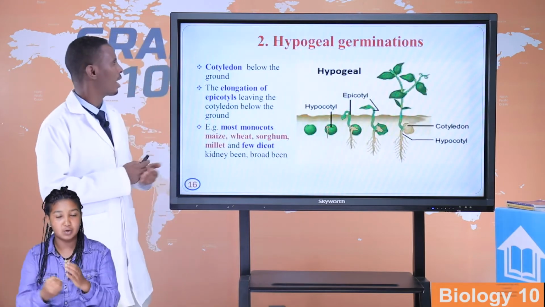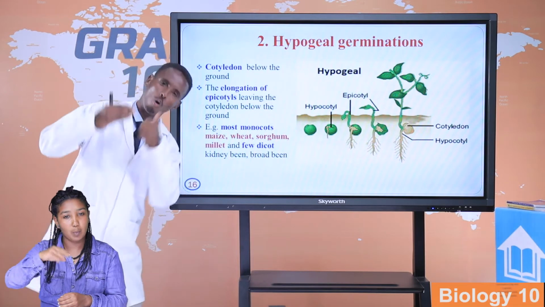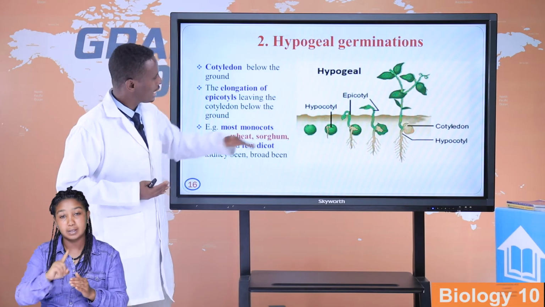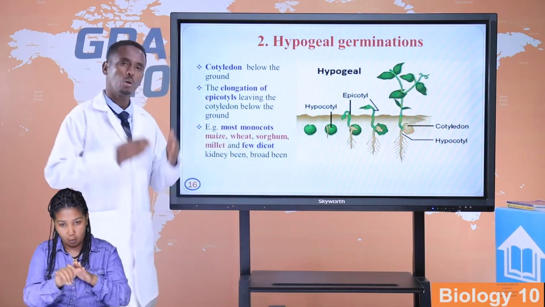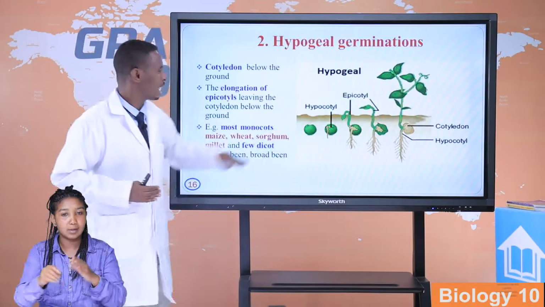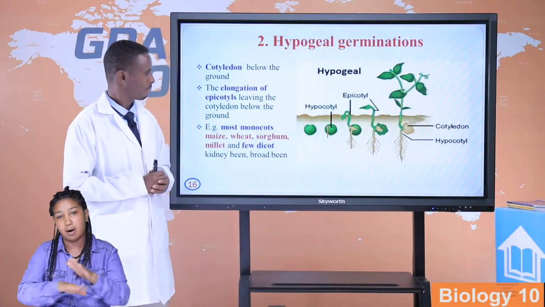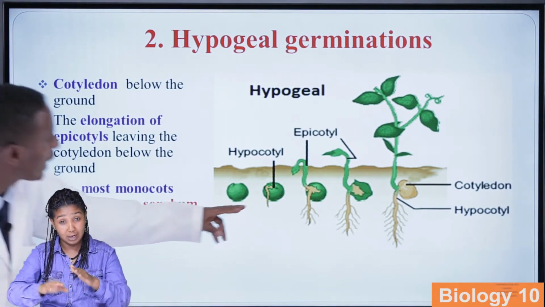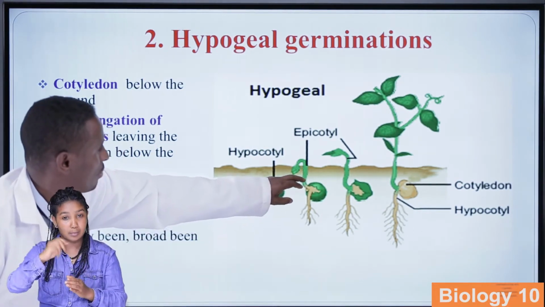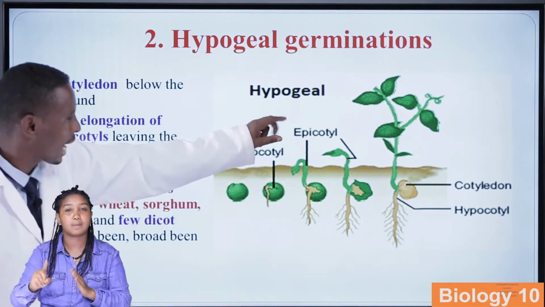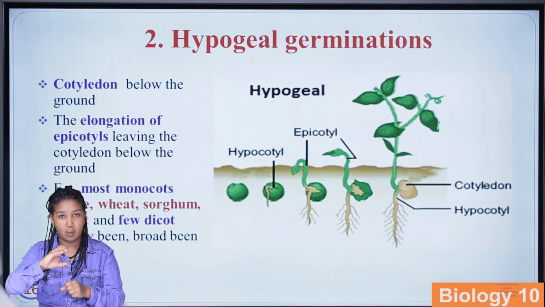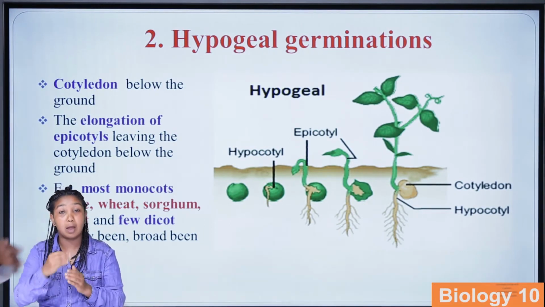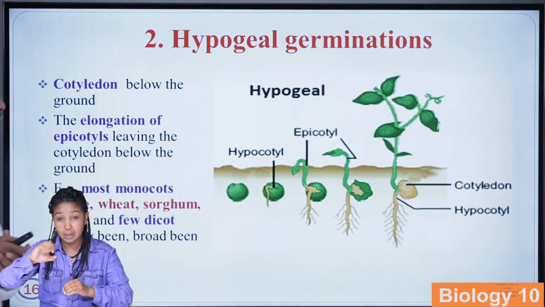The other one is hypogeal germination. Hypo means below. Hypogeal germination means the cotyledon remains below the ground. The question is, what makes the cotyledon stay below the ground? That is an important question. In hypogeal germination, elongation of the epicotyl makes the cotyledon remain below the ground.